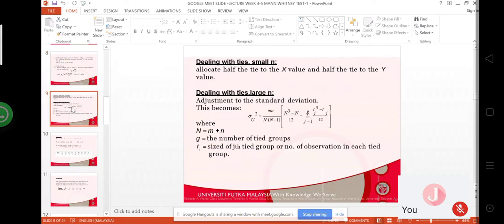Slide number 9 deals with ties and a large sample. When there's a tie, the variance of U has changed. Please take note of that. When there's no tie, it is different. That is from slide number 8.